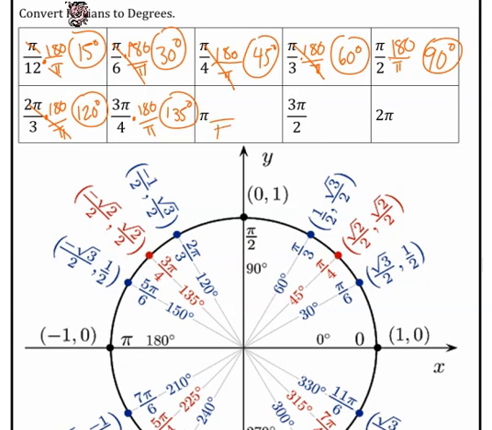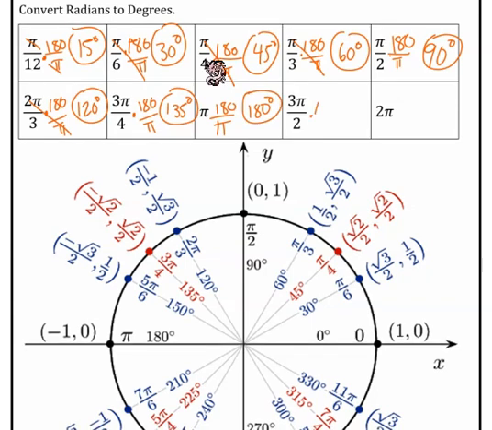Pi would just be 180. 270 degrees, and then 2 pi would be 360.